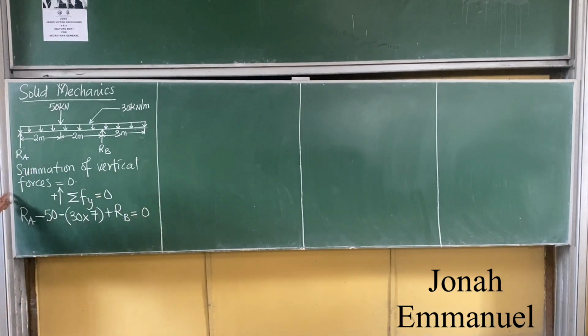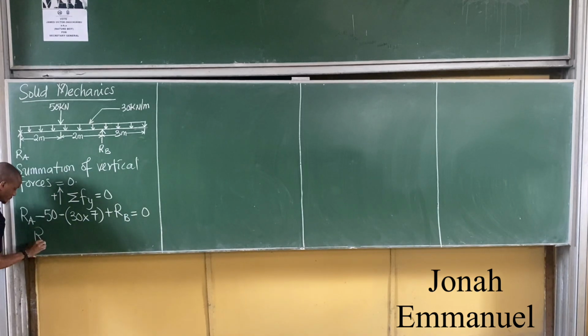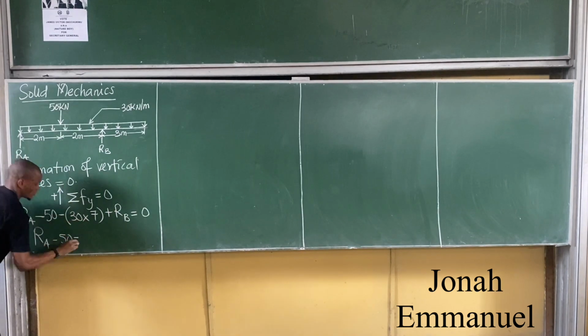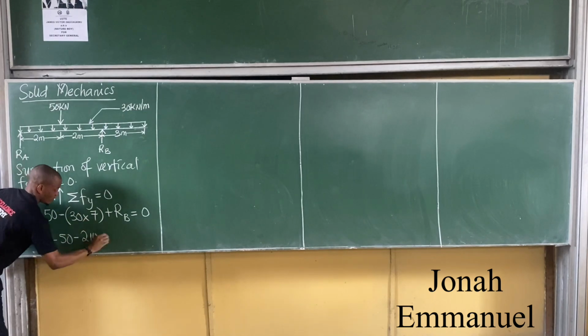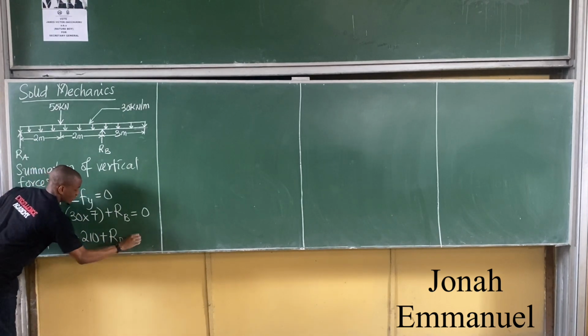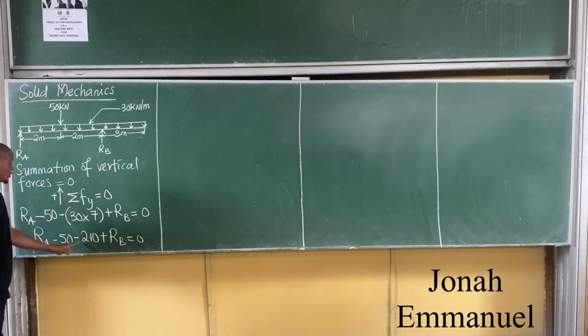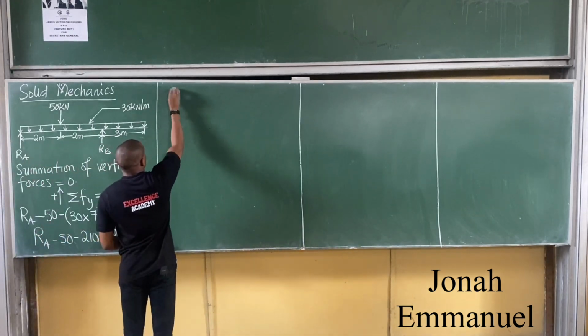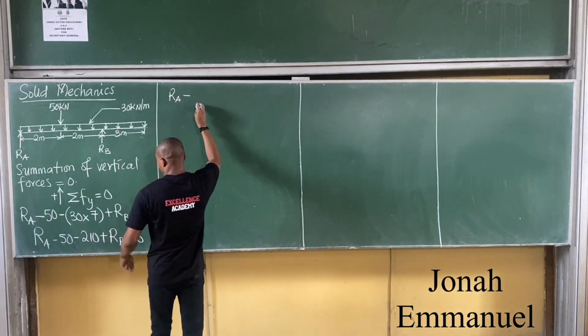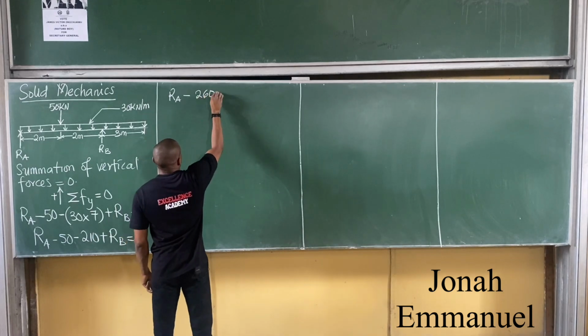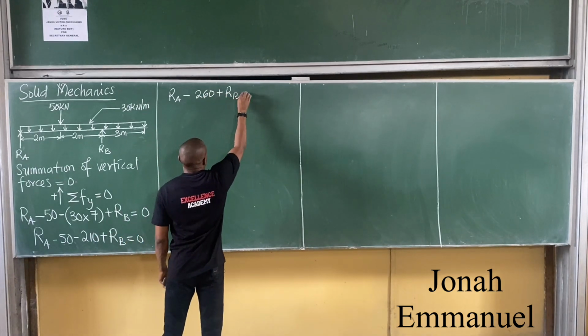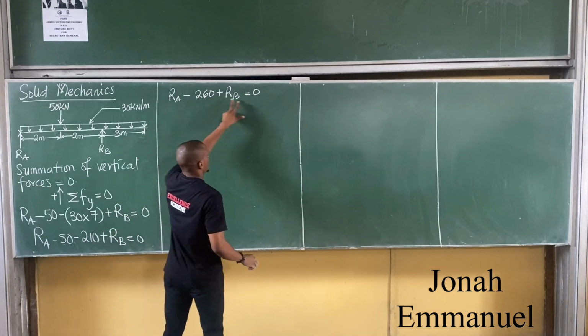That's all. This now becomes RA minus 50 minus, this gives you 210, plus RB is equal to 0. Work on these two now. I have RA minus 260 plus RB is equal to 0. Move this over here.